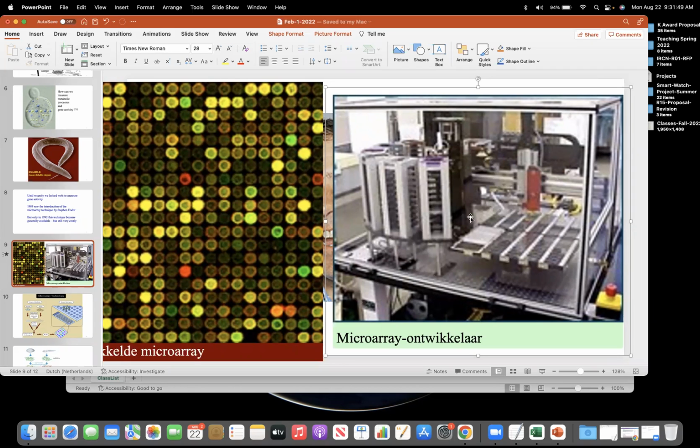It's a robotic chip setting instrument, and it has a robotic arm here. I'll explain how this technology works in the next slide.